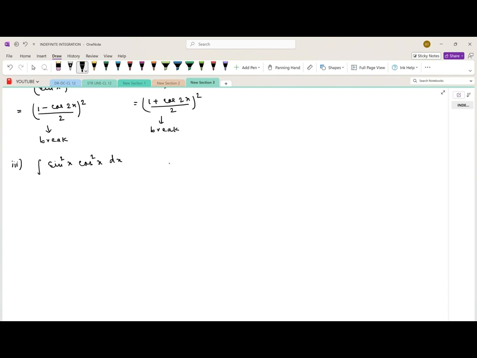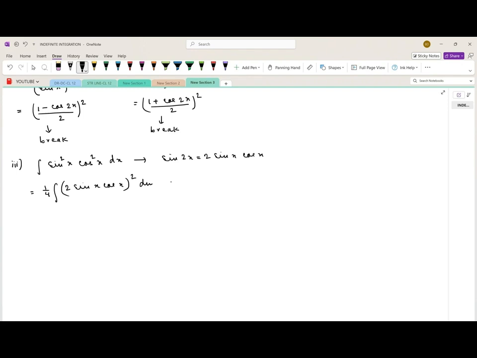For this you will have to use the formula sine 2x equal to 2 sine x cos x, because this can be written as 1/4 times 2 sine x cos x whole square. And then you know what to do. You can easily integrate it.